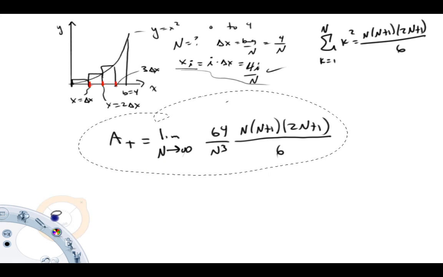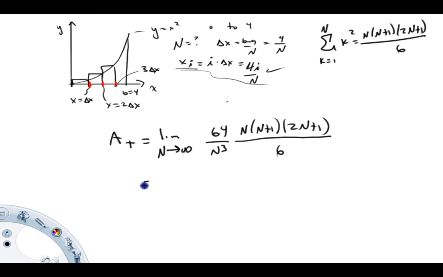So now we have the limit as n goes to infinity of 64 over 6. Now, if we multiply this out in the top, that's n times n plus 1 times 2n plus 1.